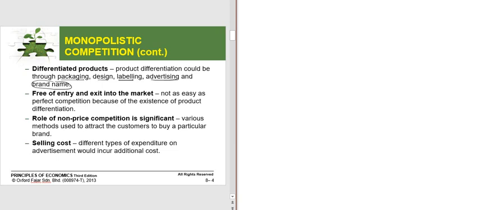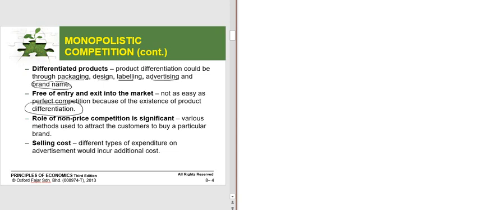Next, free entry and exit into the market. It is almost the same as in perfect competition. It is easy for other firms to enter and exit the market. But for monopolistic competition, it is not as easy as perfect competition because of product differentiation.